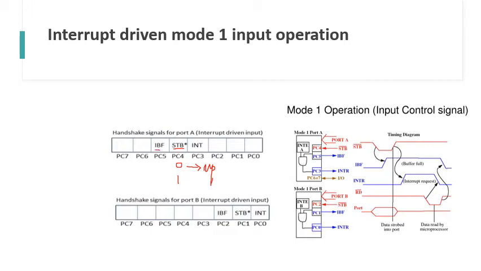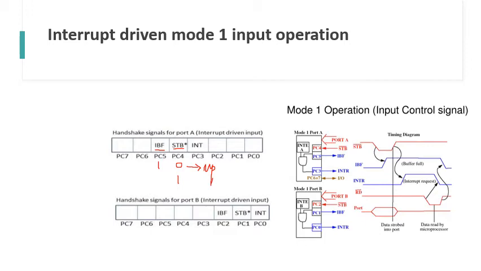Next, about IBF, input buffer full. This is an active high output pin of 8255. It indicates the status of the input buffer, whether it is full or not. It goes high when there is data in the input buffer.